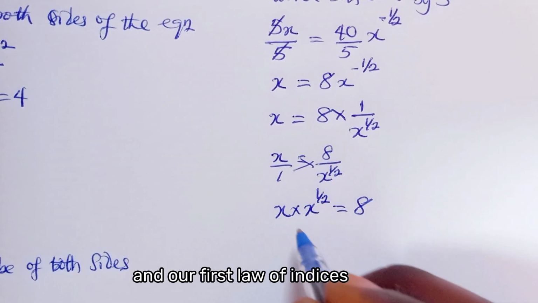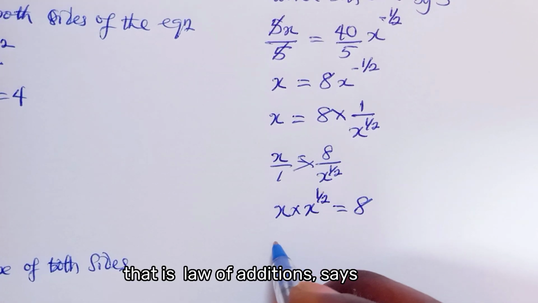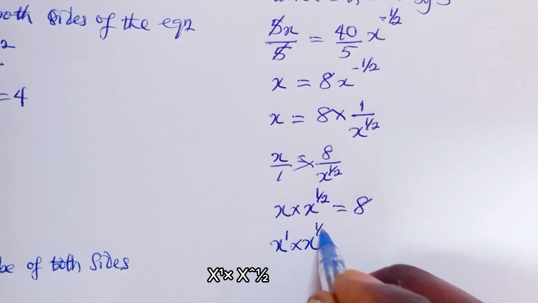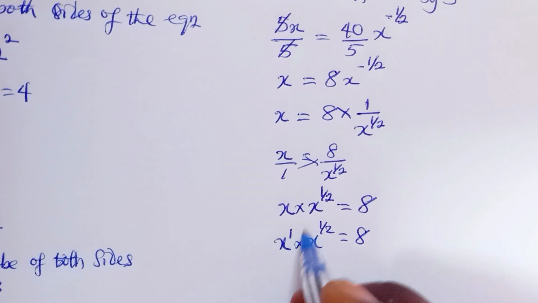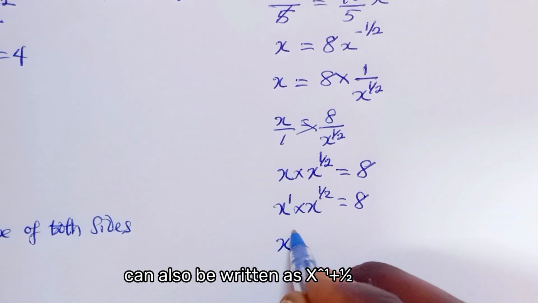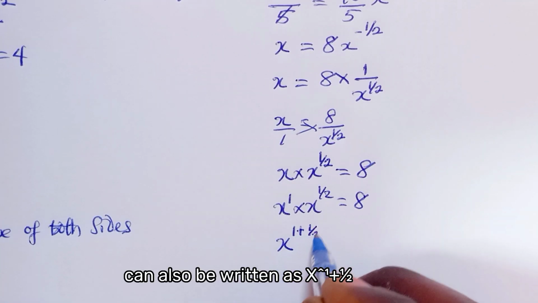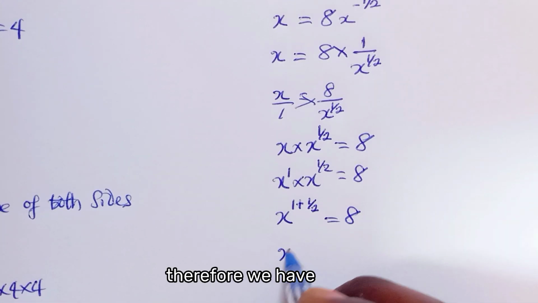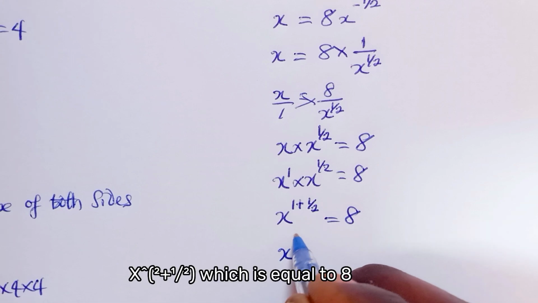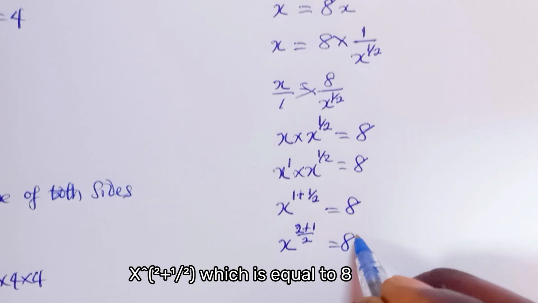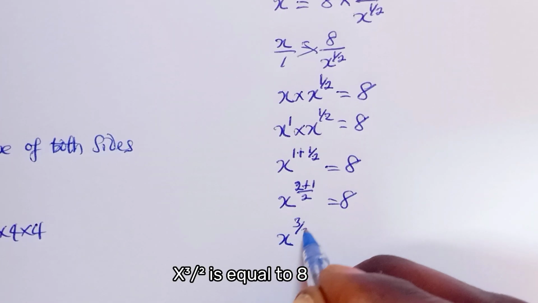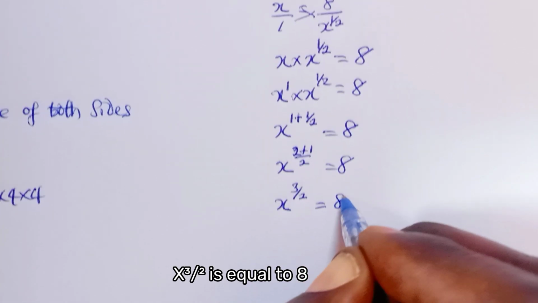And our first law of indices, that's the law of addition, says x raised to power 1 times x raised to power 1 over 2 can also be written as x raised to power 1 plus 1 all over 2, which is equal to 8. Therefore, we have x raised to power 2 plus 1 all over 2, which is equal to 8. x raised to power 3 over 2 is equal to 8.